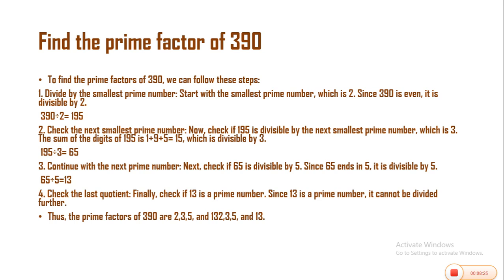Thus, the prime factors of 390 are 2, 3, 5, and 13. That's our answer. The prime factorization of 390 is 2 times 3 times 5 times 13, which will give us 390.